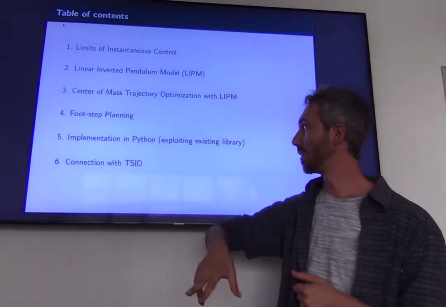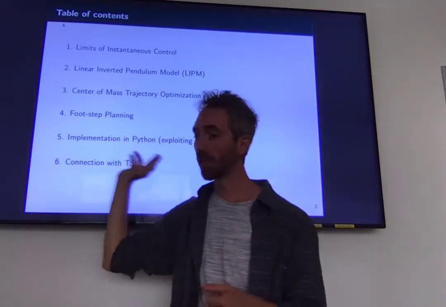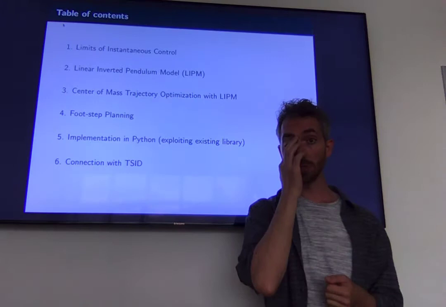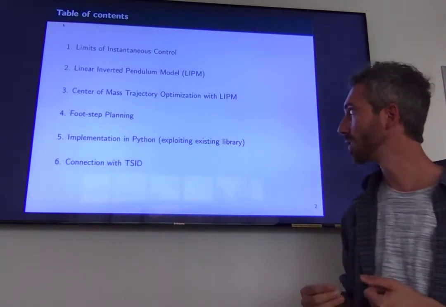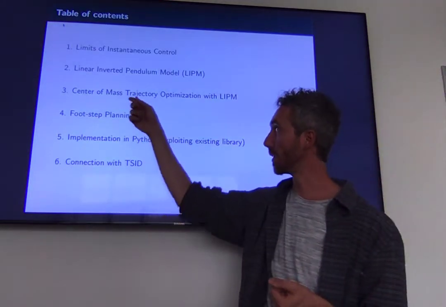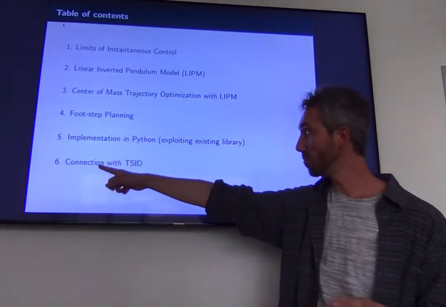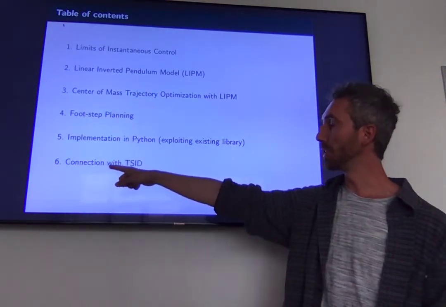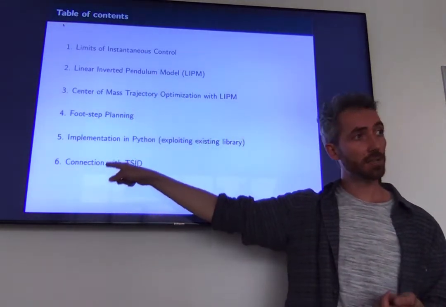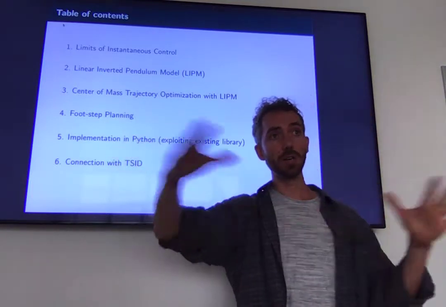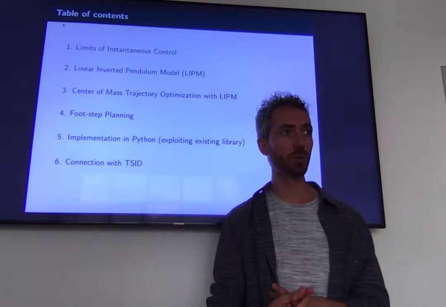And we will probably next time use an existing Python library that's been implemented by a PhD student I am co-supervising at the Max Planck Institute in Tübingen to generate a center of mass trajectory. And finally, hopefully on Friday, we will connect this center of mass trajectory with the TSID controller to generate a complete walking motion in simulation for the humanoid robot Romeo.